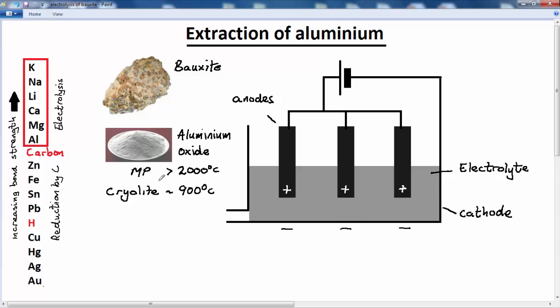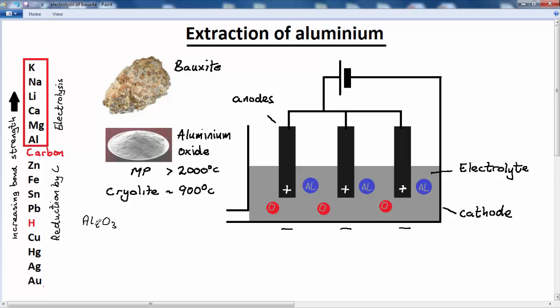What we're doing is melting the aluminium oxide using the cryolite to help us. When the aluminium oxide is heated to its fused state, it will dissociate into aluminium ions and oxygen ions.